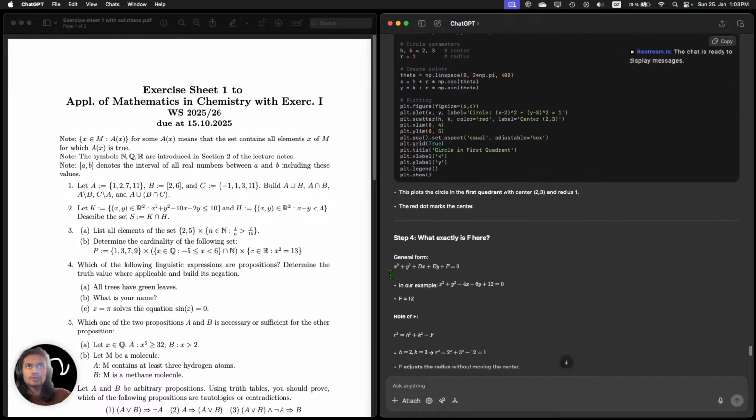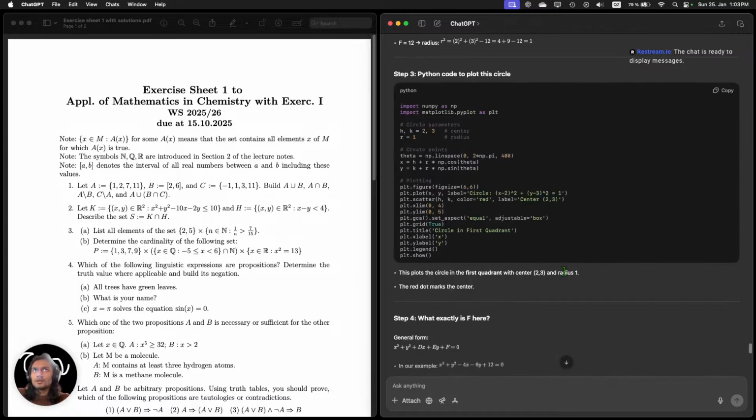What exactly is f here in the general form? In our example, is f the perimeter? What's the perimeter of a circle? 2 pi r. 2 pi is 3 point something, r is 1.